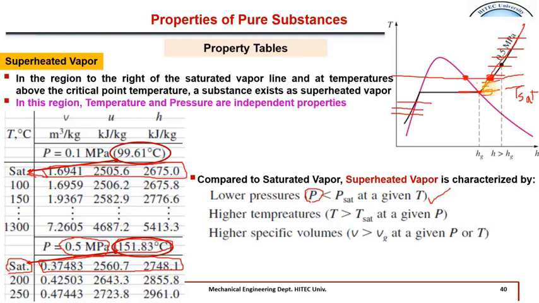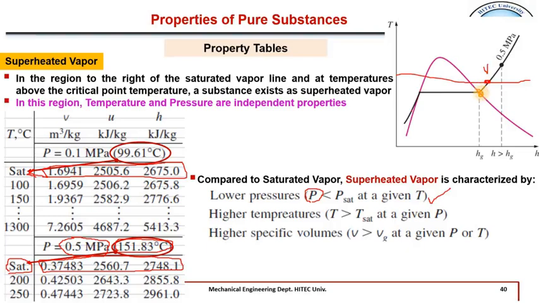Or let me explain in a different way. Now what is it saying? V is greater than Vg in the superheated region at a given P or T. For example, this is a given P. This V is greater than the corresponding Vg.